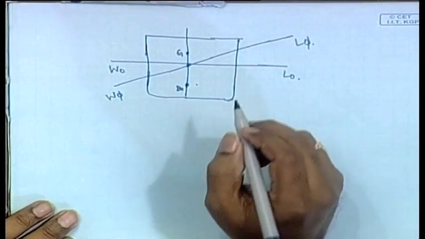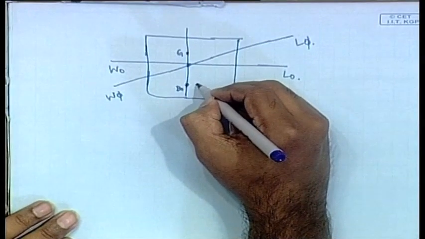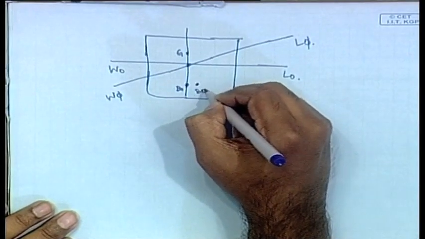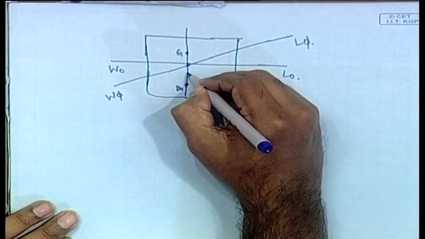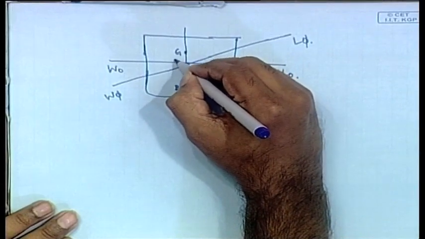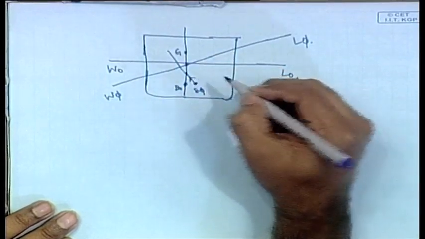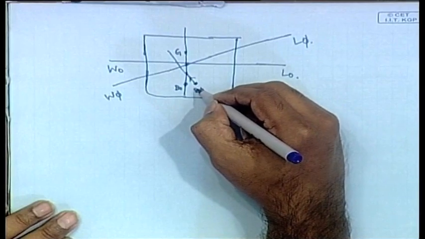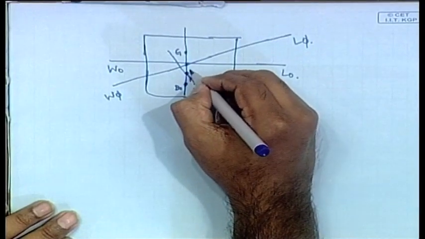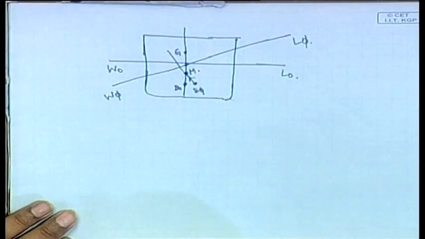Now B can shift in this figure, B can shift in such a way, let us say it shifted to somewhere at this point, such that this vertical, this is the vertical again, I am drawing from B, is at M here, okay.